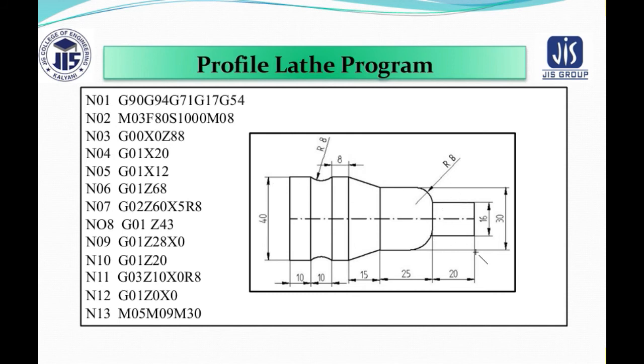Because it is a cylindrical job, it is getting rotated, so if you do the operation from the half side, automatically the other half will be machined. So first we have to decide where to place the axis. My suggestion is always to place it at the center of your job.